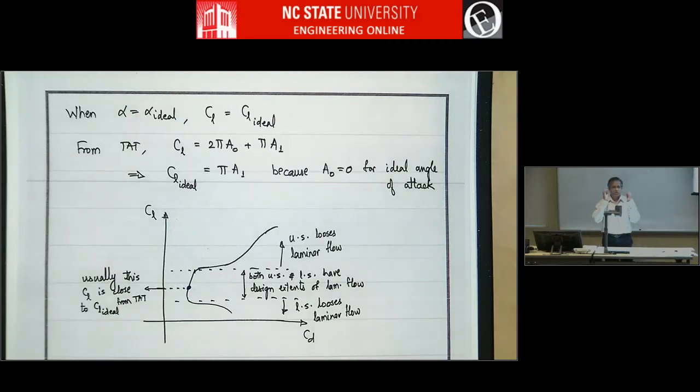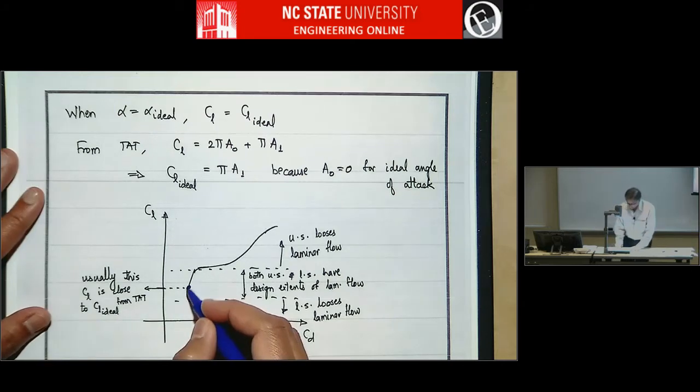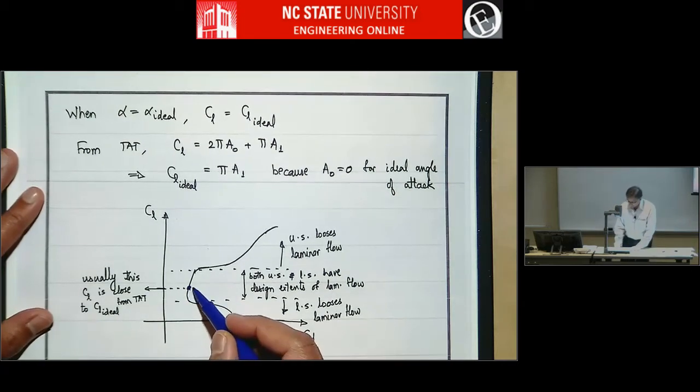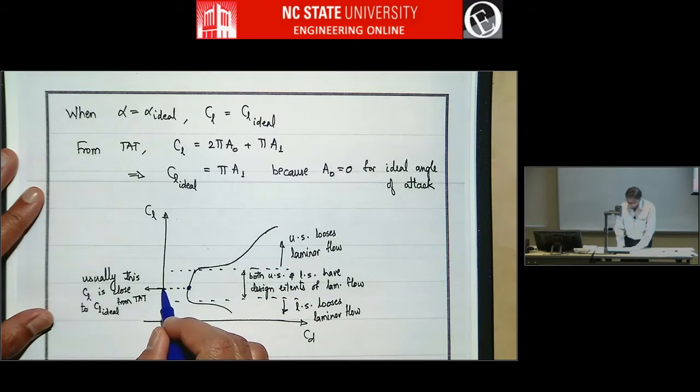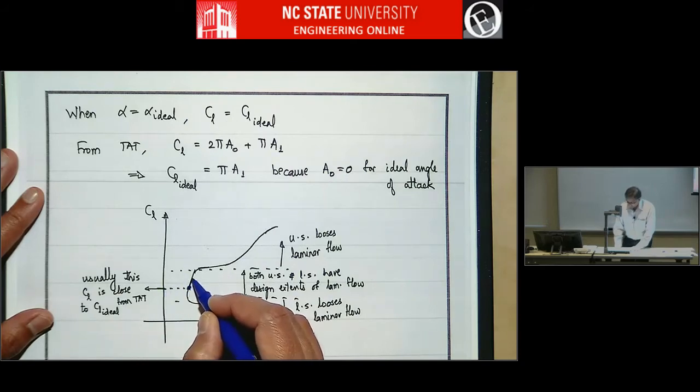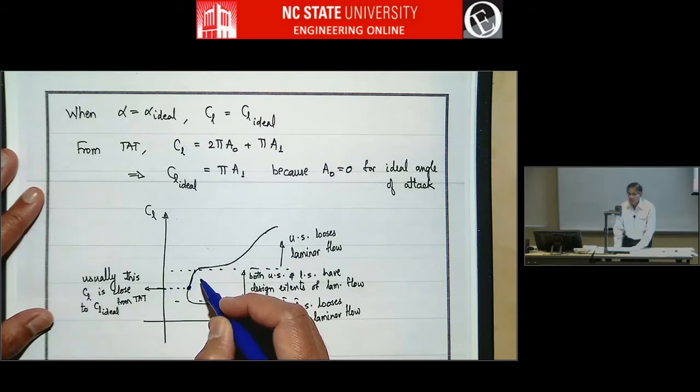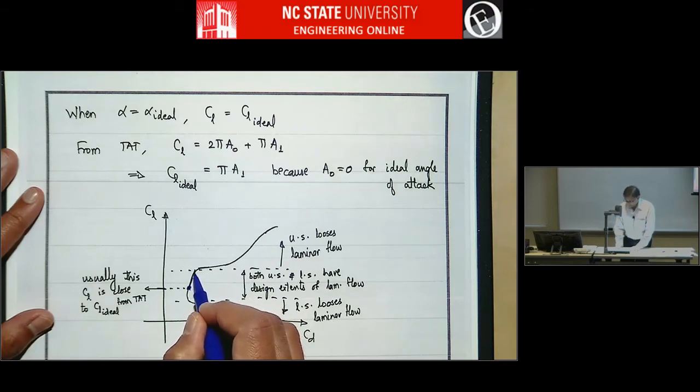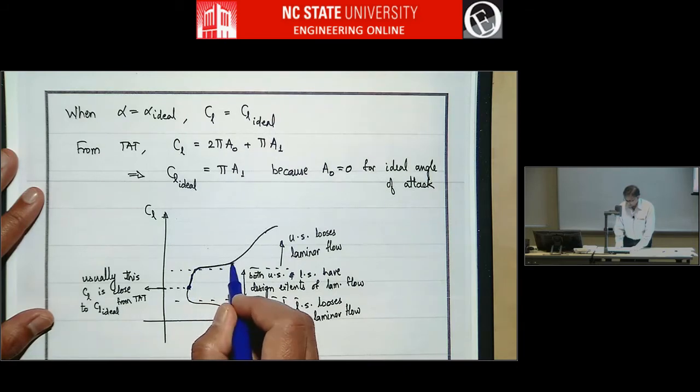Somewhere in the middle. It may not be exactly the middle, depends on the geometry, but it will be somewhere close to the middle. And for CL greater than CL ideal, the upper surface at some point will lose laminar flow, and for most airfoils there will be a region where that can be tolerated. So beyond that, this is where the upper surface loses laminar flow.